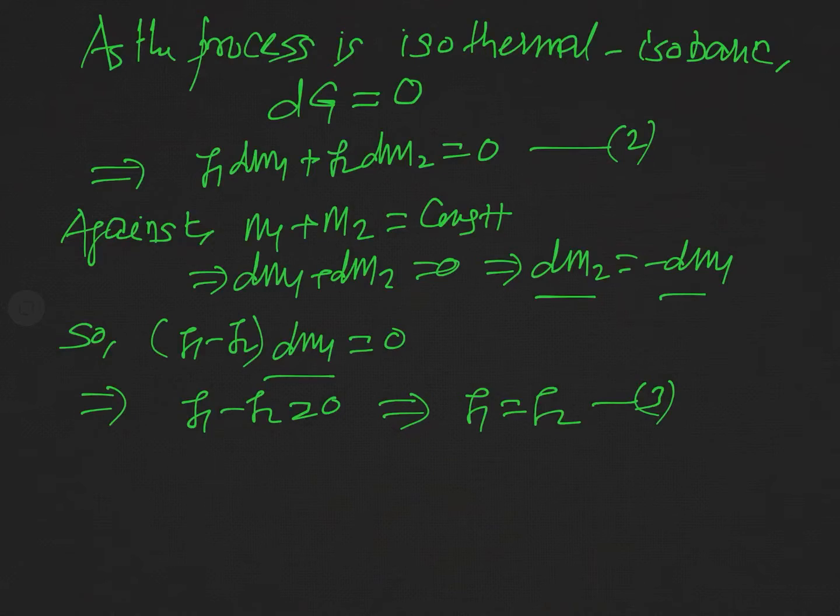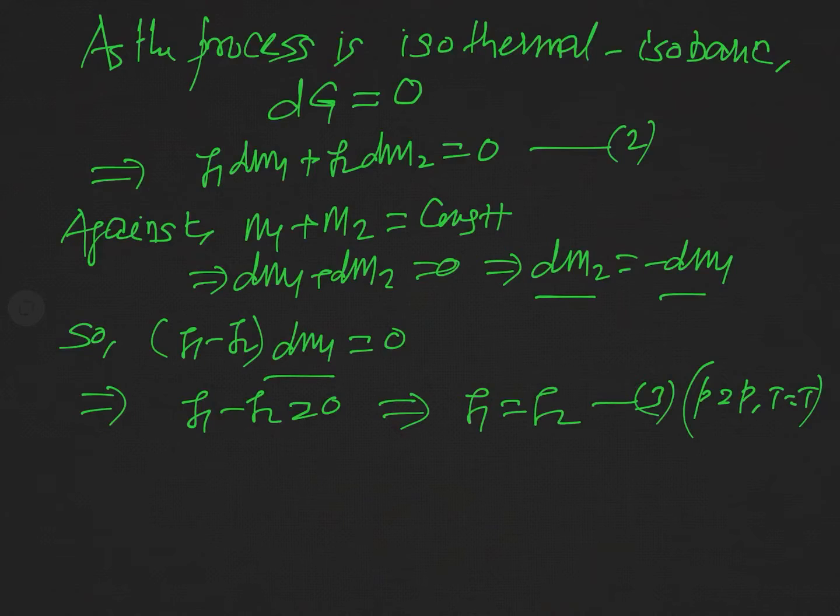So the specific Gibbs potential of the two phases will be equal, and this G1 equal to G2 holds at what pressure? When pressure is P and temperature is T. In this P and T condition, the specific Gibbs potential of the two phases are the same.